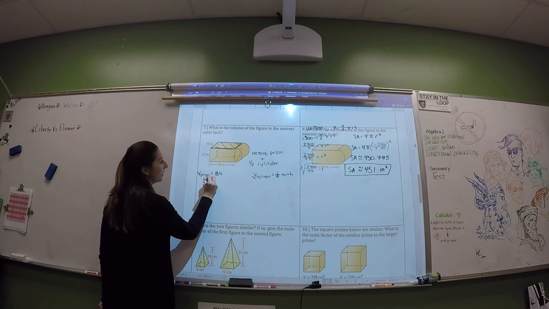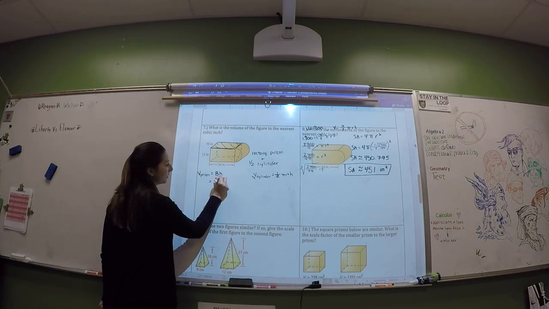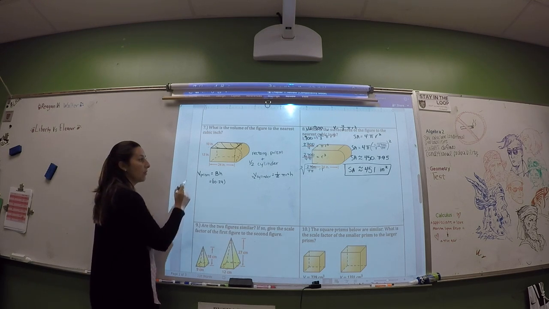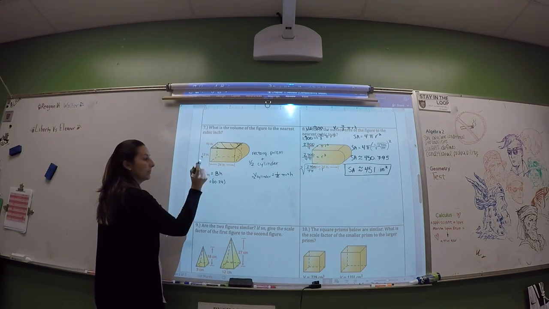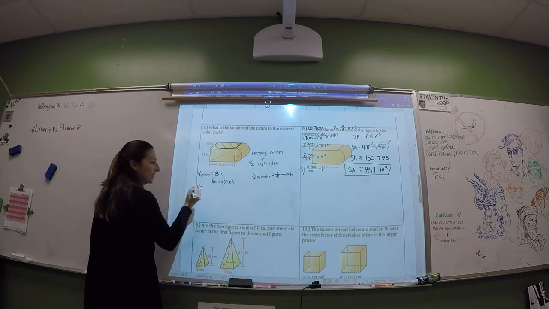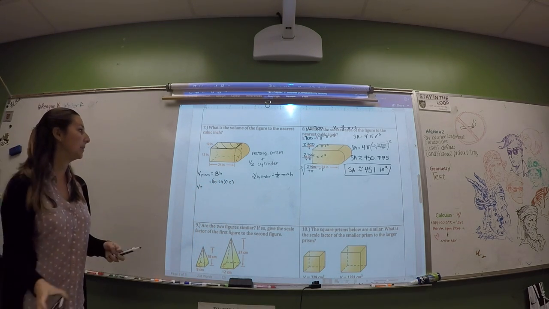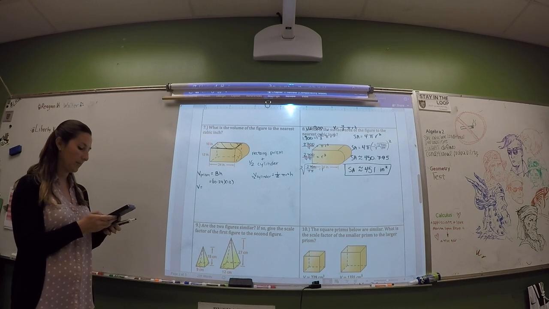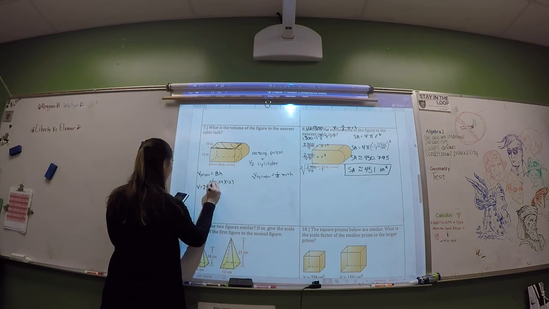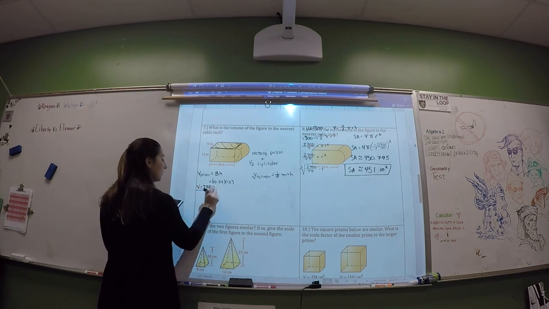So that's our area of base, 10 times 24. Then by height, it means height of prism. So how tall is the prism? 12. So the volume of that piece is 2,880. We'll put that off to the side for now.